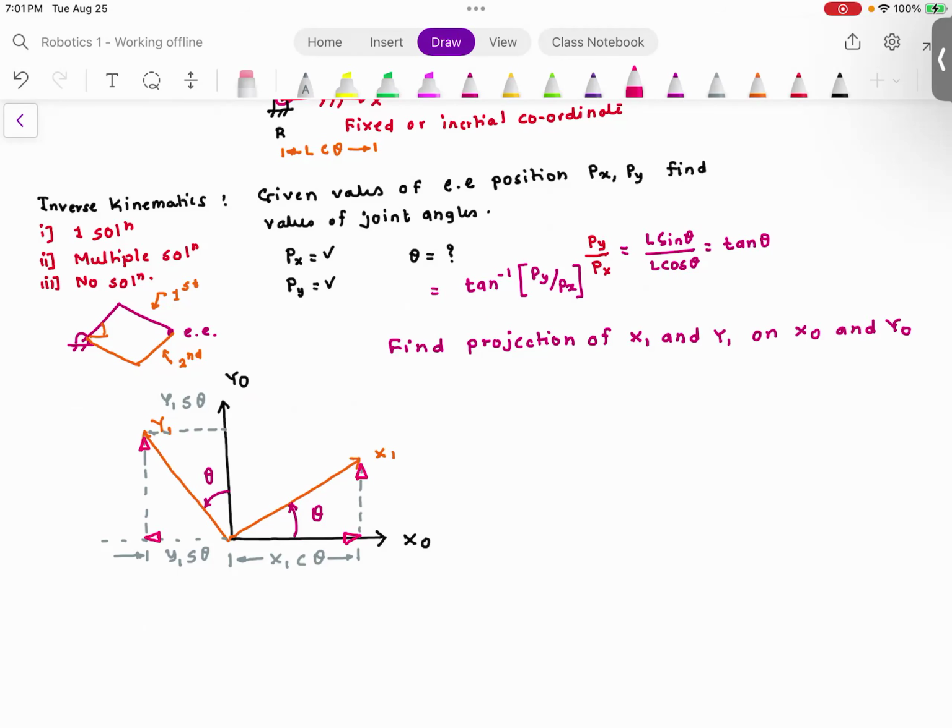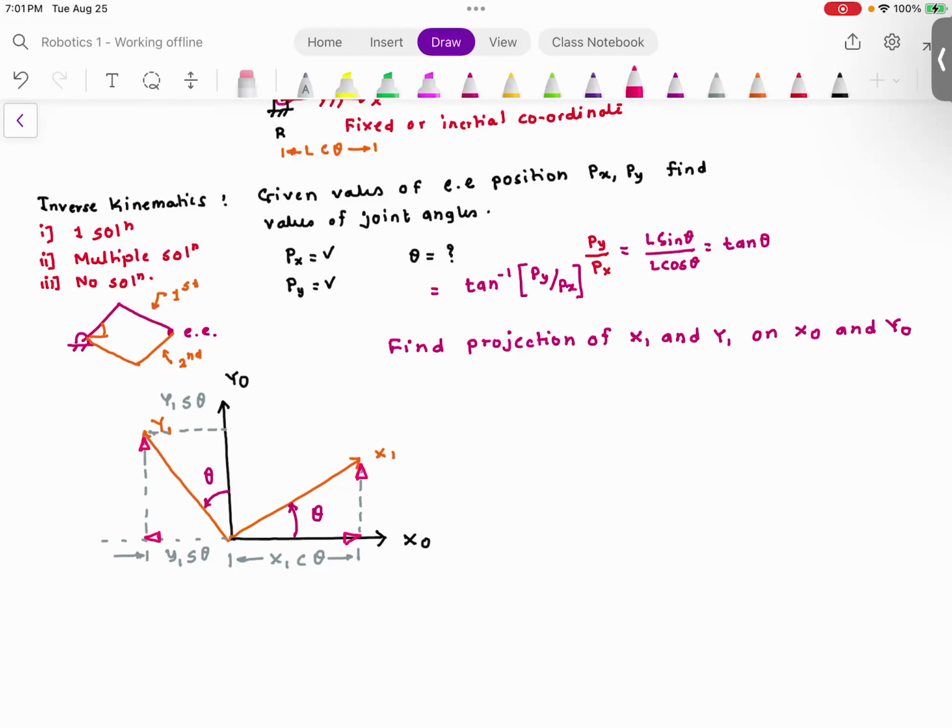In other words, to get to this point, you need to go forward in x0 direction, turn and go upwards in y0 direction. To get to this point, you need to go in negative x0 direction and then plus y0 direction. So everyone understood the arrows?